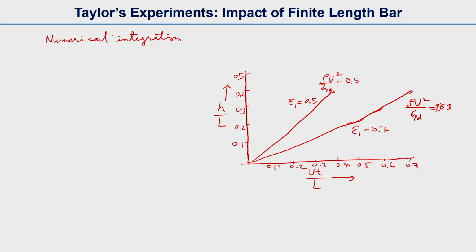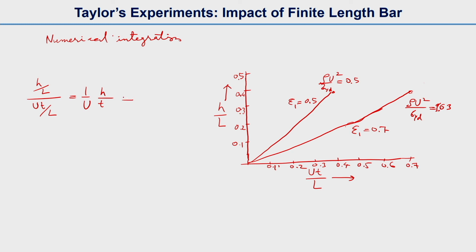So now actually we can write h by L, ut by L is nothing but 1, that is u h by t is equal to 1.